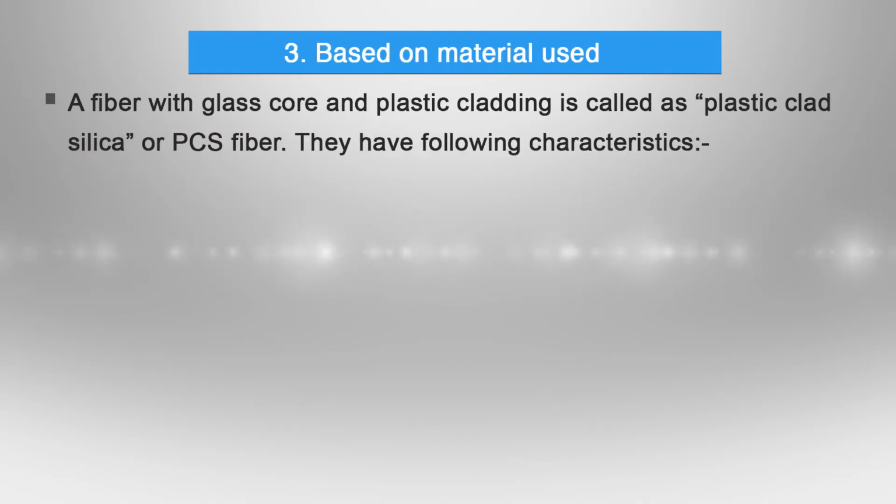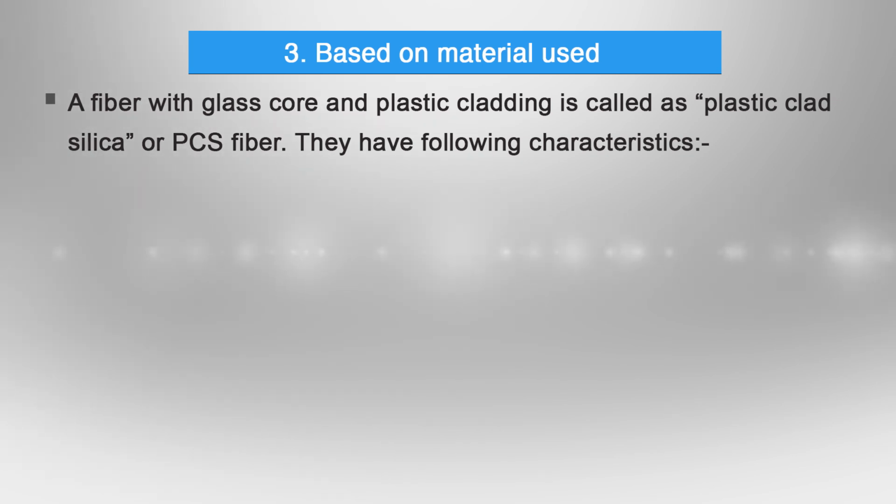To produce two similar materials having slightly different indices of refraction for the core and cladding, either fluorine or various oxides such as B2O3, GeO2 and P2O3 are added to silica. A fiber with glass core and plastic cladding is called plastic clad silica or PCS fiber.